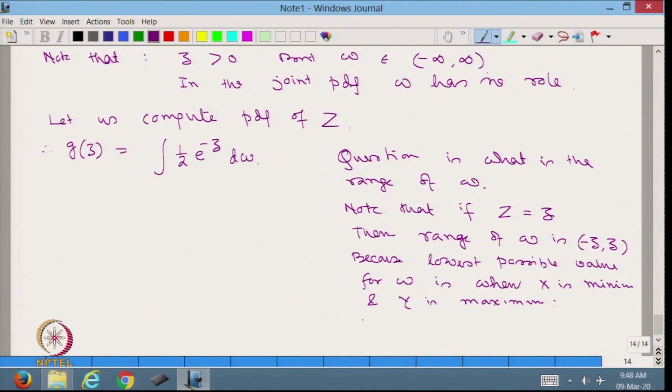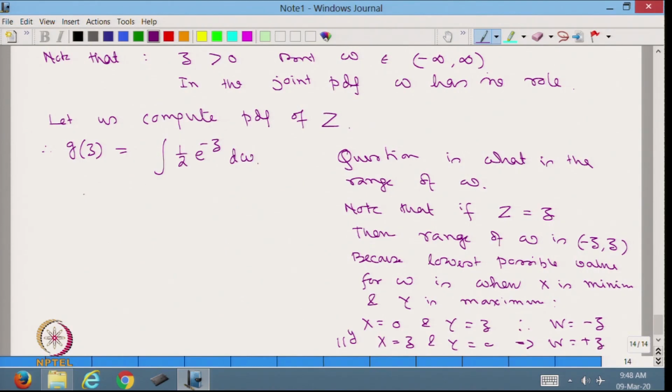Therefore, if x is equal to 0 and y is equal to z, we get the value z. Therefore, w is equal to minus z. Similarly, x is equal to z and y is equal to 0 implies w is equal to plus z.